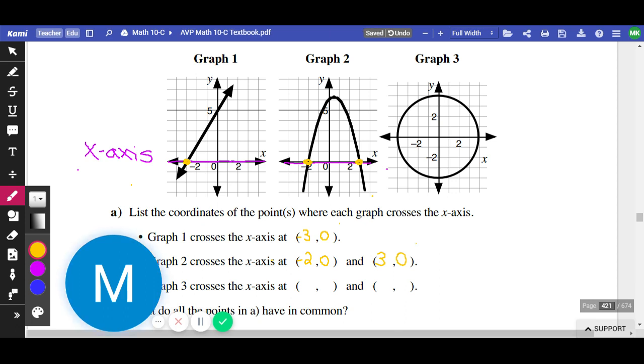Try the very last one on your own. So see if you can write the ordered pairs for the x-intercepts of that circular graph. So I've drawn my x-axis, the purple line, the side-to-side line at the start. And I've labeled the 2 points, the 2 yellow dots.